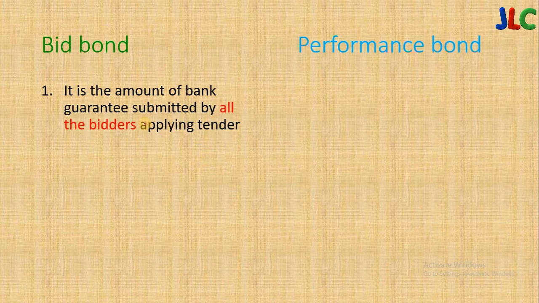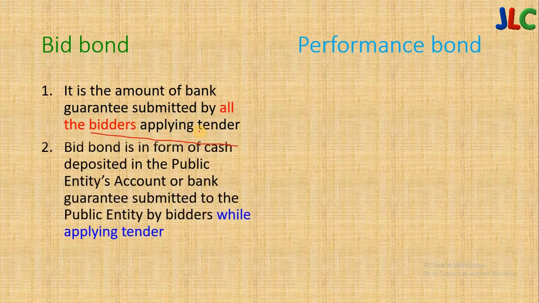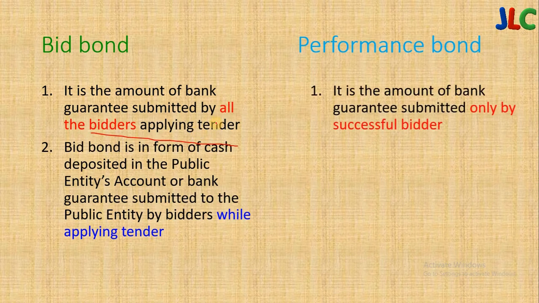Bid bond is the bank guarantee submitted by all the bidders applying the tender, but performance bond is submitted only by the successful bidder who are lowest evaluated and are substantially responsive. So it is applied by only one, but bid bond is applied by all of the bidders who bid.